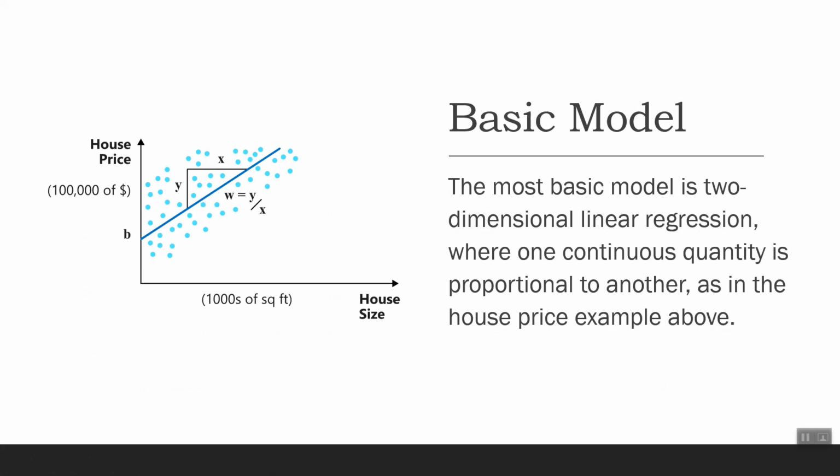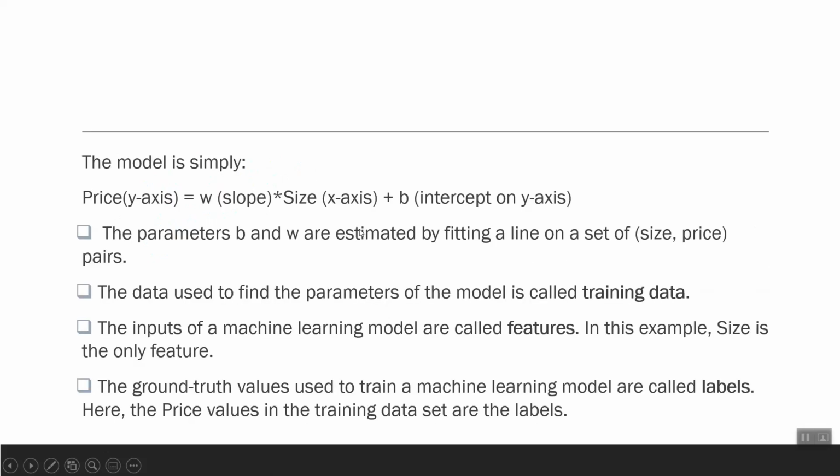Every point on this graph has a y coordinate, a house price, and a house size. So the nearest fit will be a straight line which passes like this.